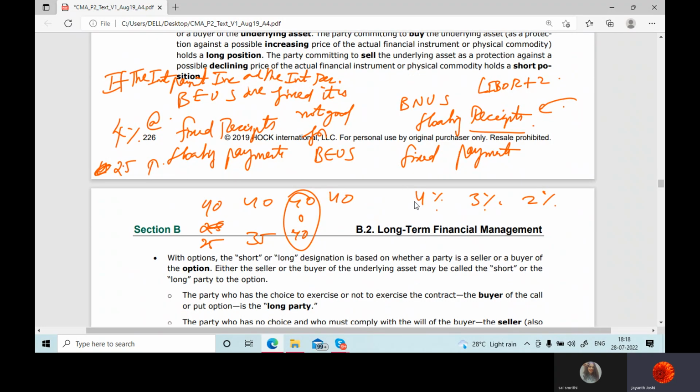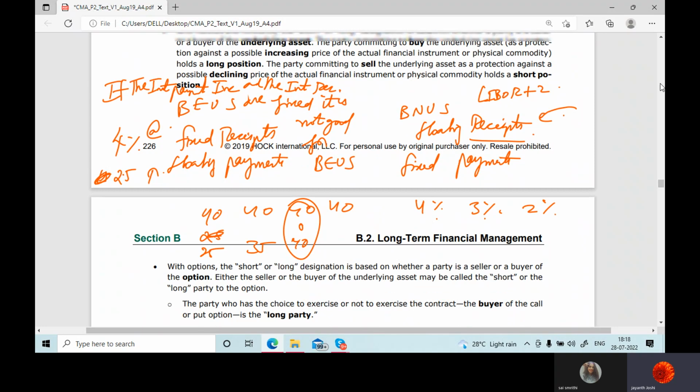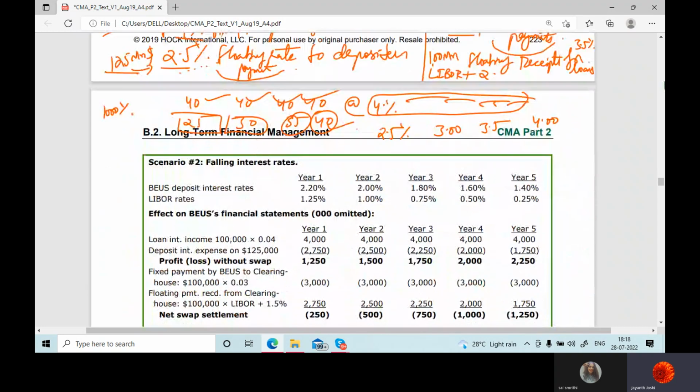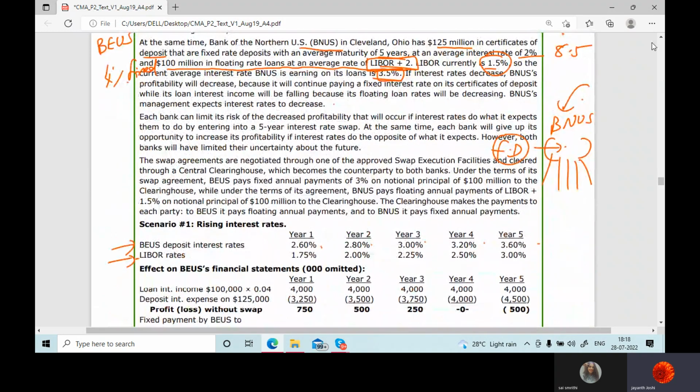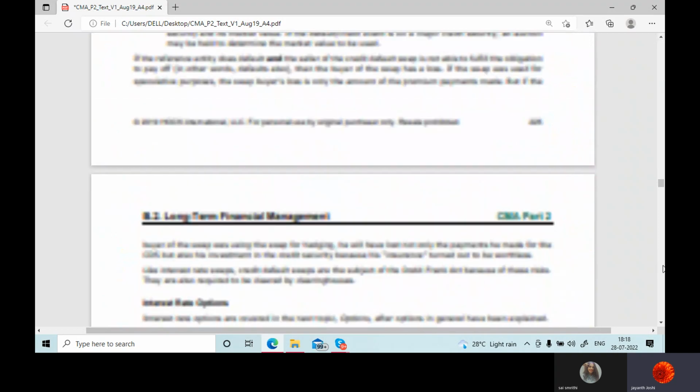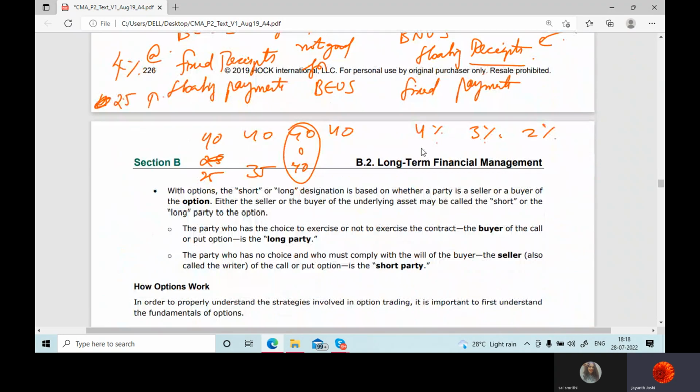Why? Because in all the cases, their expenditure is fixed. How? The interest they are going to pay to the depositors is fixed, na? How much they are going to pay? 2%. So they are going to pay 20, 20, 20.